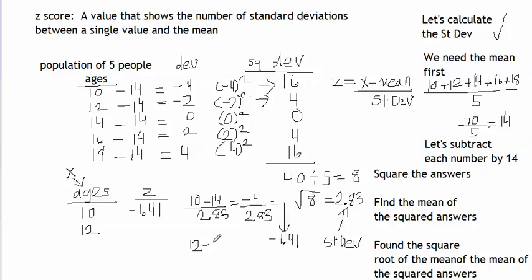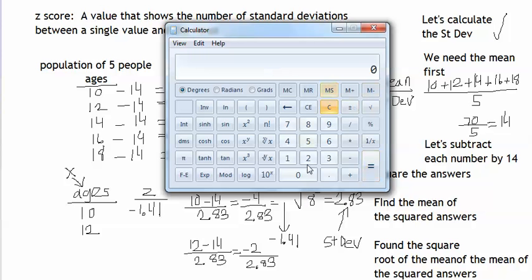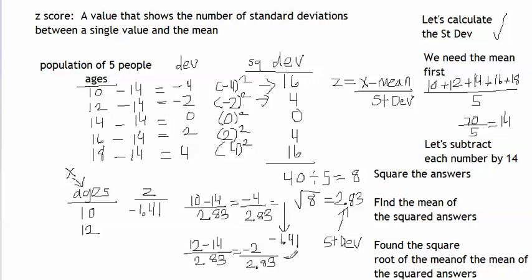This is the second one, 12 minus 14 over 2.83, which will be negative 2 over 2.83. Negative 0.71.